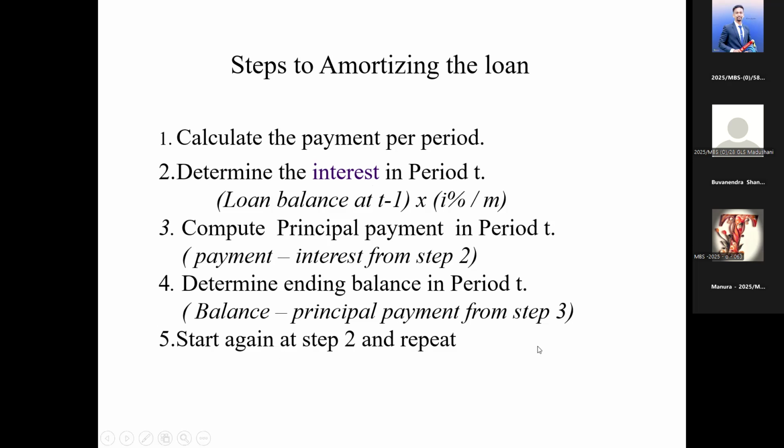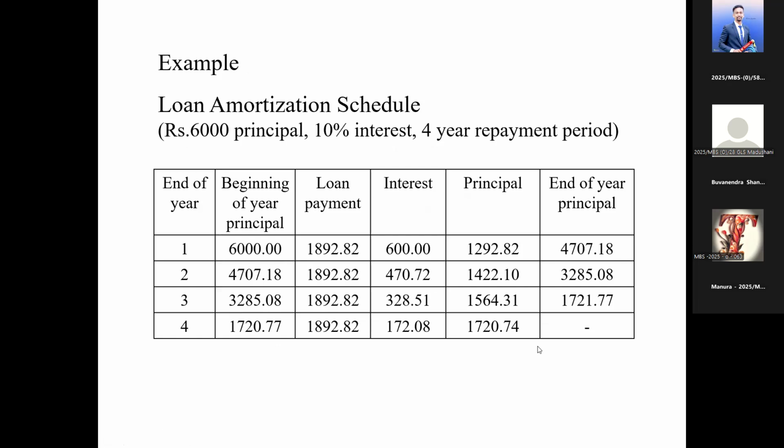Here you can see the example I take to understand loan amortization schedules. I take 6,000 principal, 10% interest, and a 4-year repayment period. I consider this annual for ease. Otherwise, if you go semi-annual, we would need to calculate 8 times.